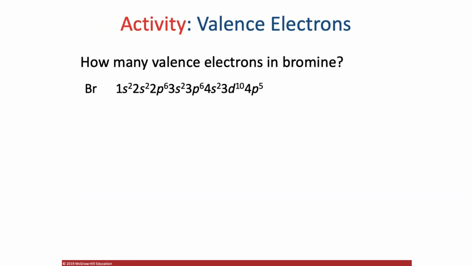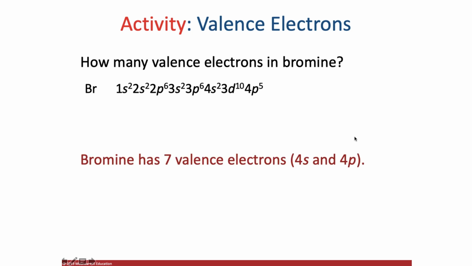If we look at the valence electrons for bromine, we would see that bromine has 7 valence electrons based on this electron configuration, because the outermost energy level, or the valence level, also known as the valence shell of bromine, is going to be the level at n equals 4.